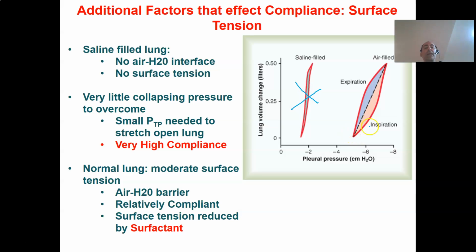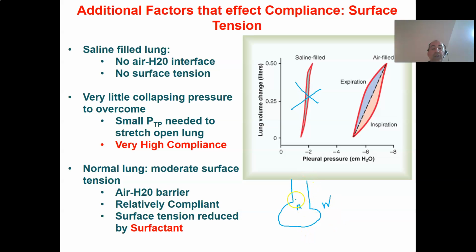So how do we get this normal lung to be more compliant? That way it's easier for you to breathe in. Well, let's draw a representative alveolus. This is an alveolus. There's air in here. Okay, there's water out here. So there's an air to water interface.